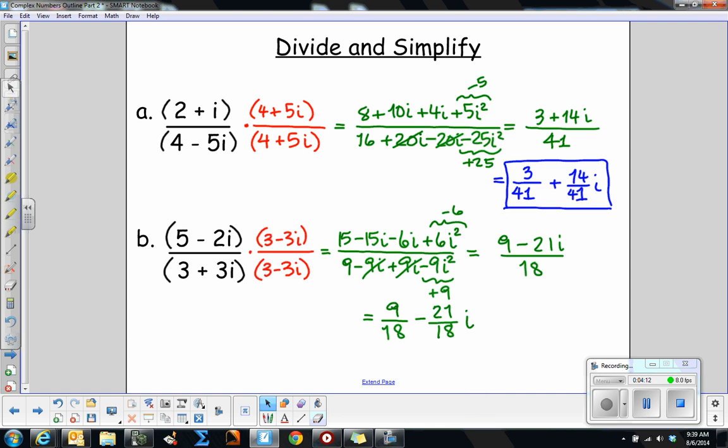And for this one, we can actually simplify those fraction components. And we end up with a complex number in standard form.